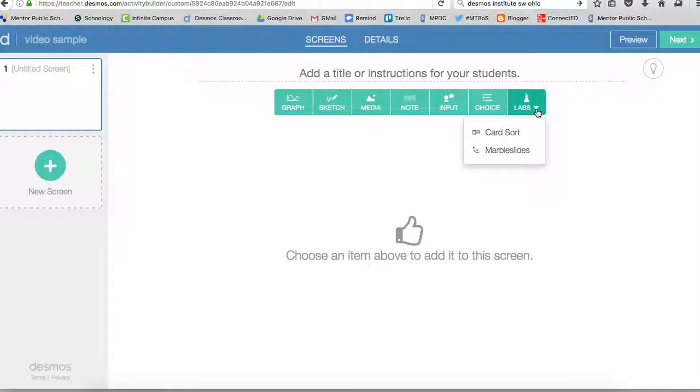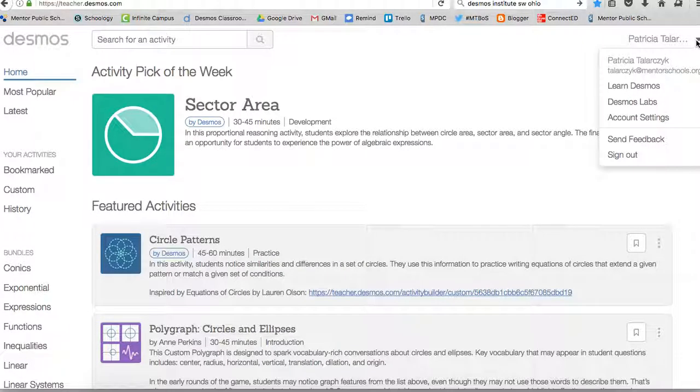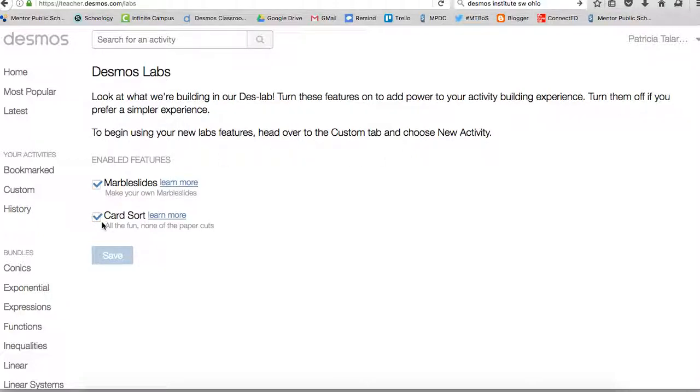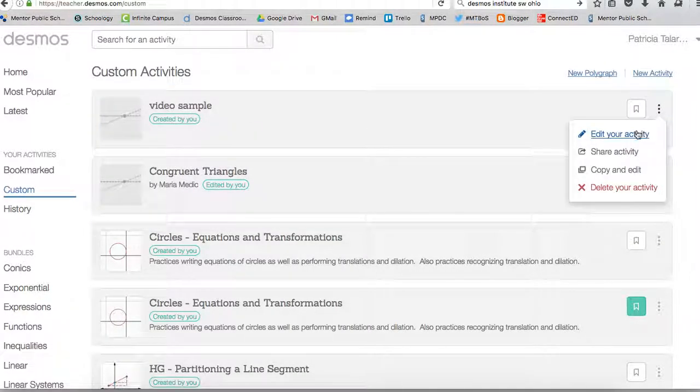If you don't have the labs tab at all, what you need to do is from the Desmos homepage, under your name, there's an option for Desmos Labs. And if these are unchecked, you need to check them in order to make the marble slides and card sort available to you. And just like with so much stuff, if you're signed in with Google, it automatically saves everything.